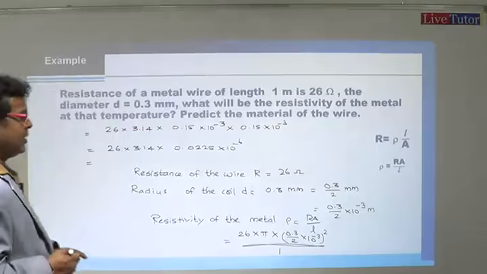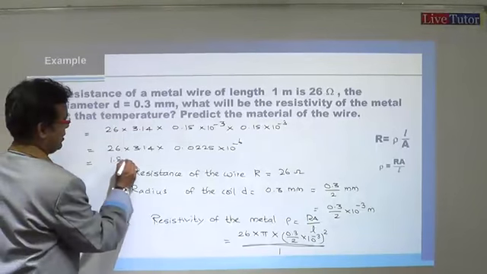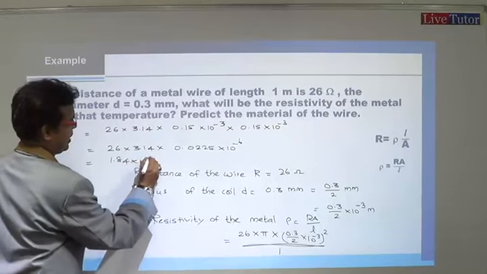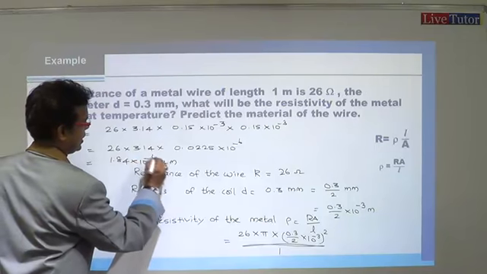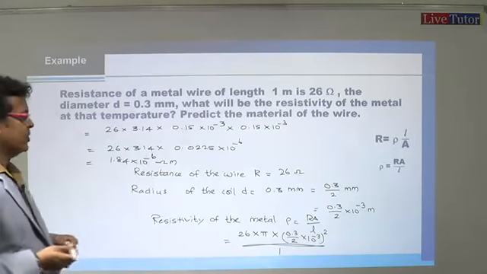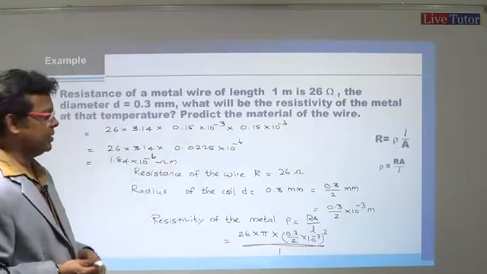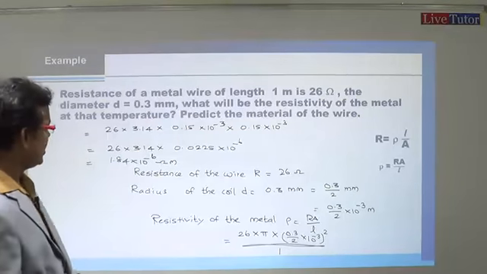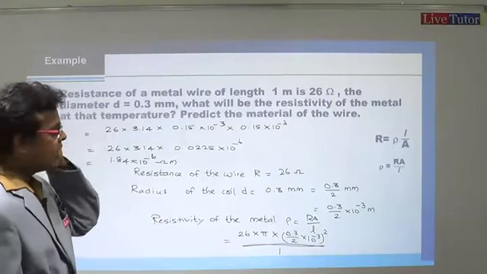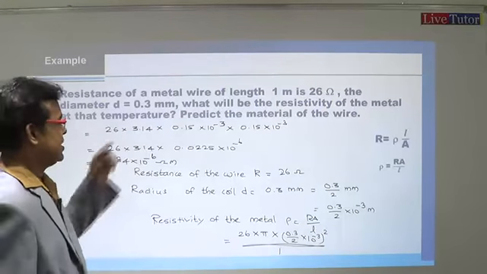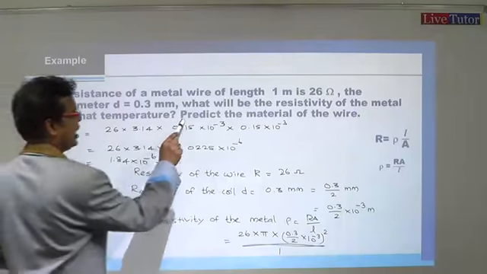So the answer is 1.84 into 10 power minus 6 ohm meter. Simply using ordinary multiplication, you can do that. It is 1.84 into 10 power minus 6.